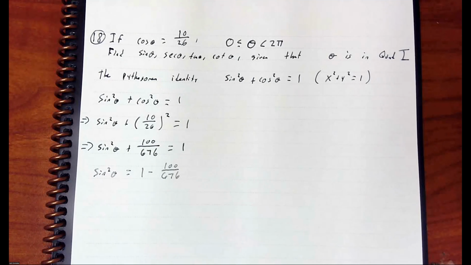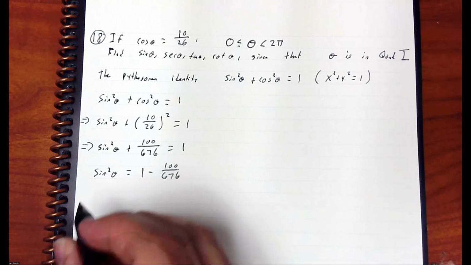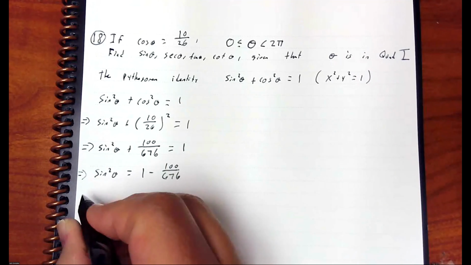Well, I think about it in my head. If I move the term to the other side, then just swap the sign. So I moved it over. It turned into negative. Technically, we're subtracting both sides by 100 over 676. I don't care how you think about it. That is what is happening.